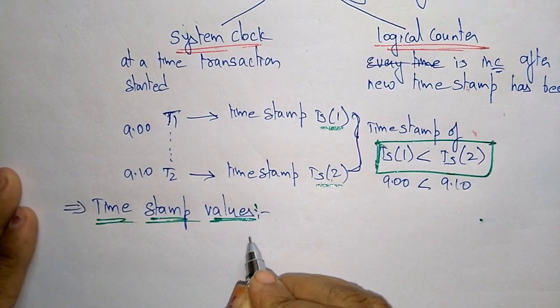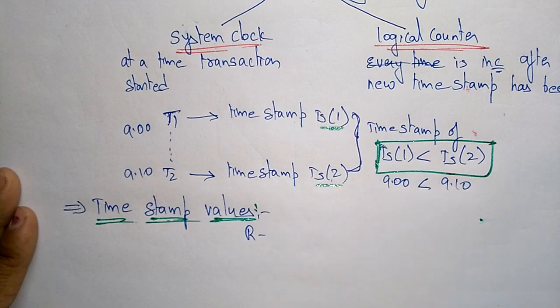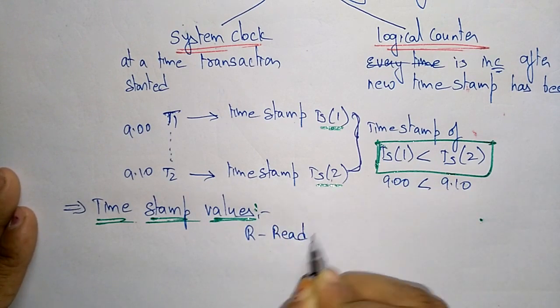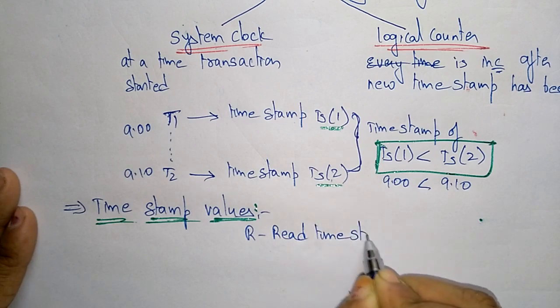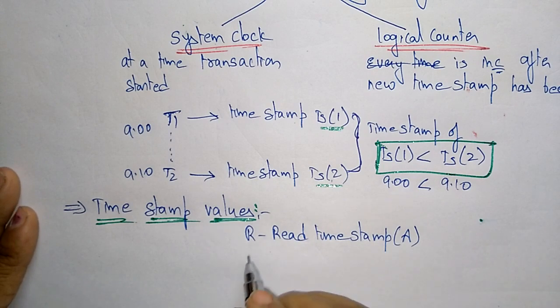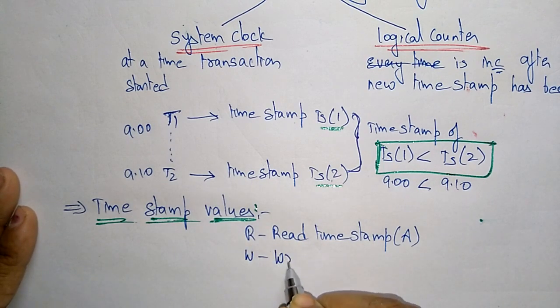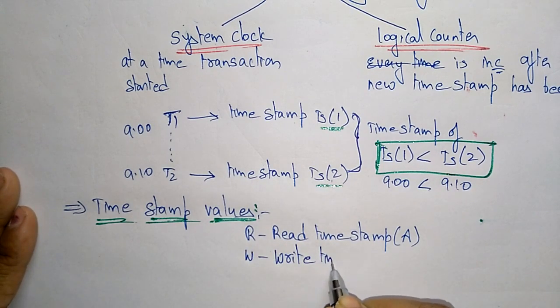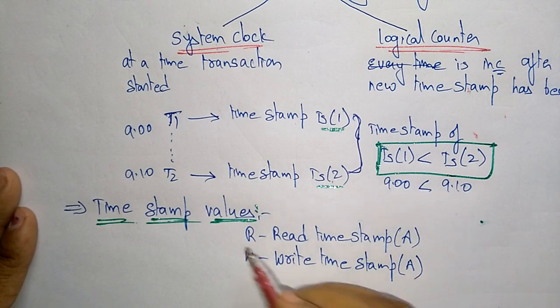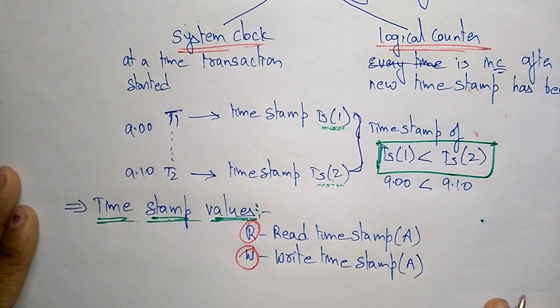So that is our read timestamp of a data item. Suppose A is a data item or resource, and W is the write timestamp of a data item. So these are the values, read and write timestamp values.